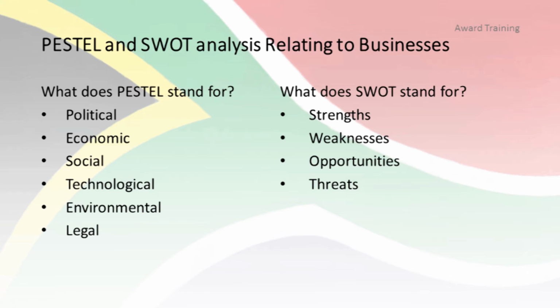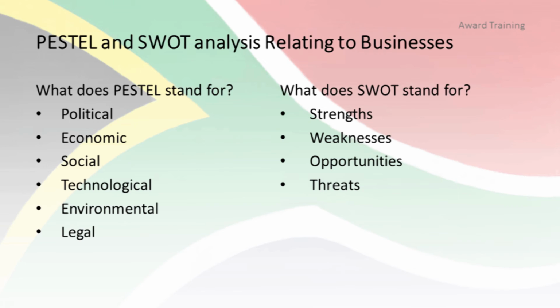Economics: is our rand weak or strong against the dollar or the pound, for example. Social unrest can also cause havoc in business. How about technological changes, such as the internet or computers or other technological changes. The environment is playing a big role in how businesses go about their business, how their waste management is, and what they're doing to save the environment.